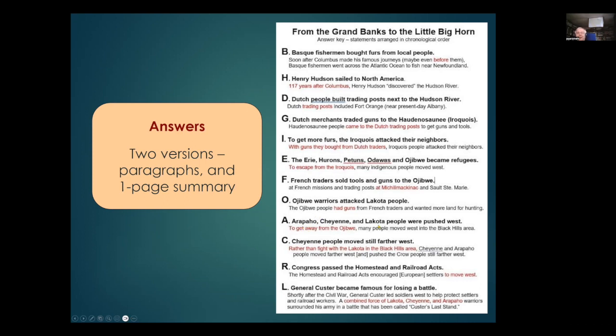Now, you think of all of those people as being out on the Great Plains, but they all lived in Minnesota at the time.